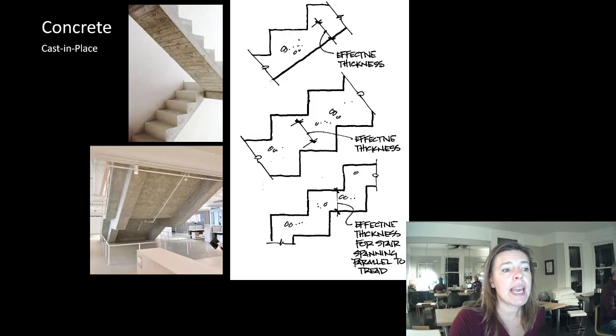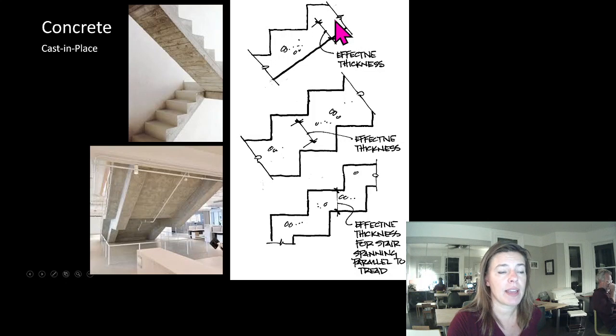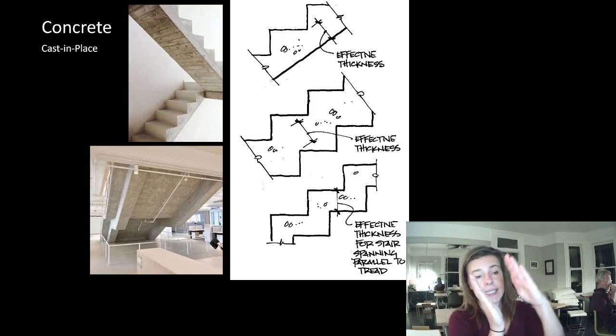So the key with cast in place concrete is its effective thickness. So the effective thickness is what is doing the work from spanning from one end to the other. And often, if we're keeping it simple, we will make the effective thickness the thing that is consistent and doesn't have any jogs in it.